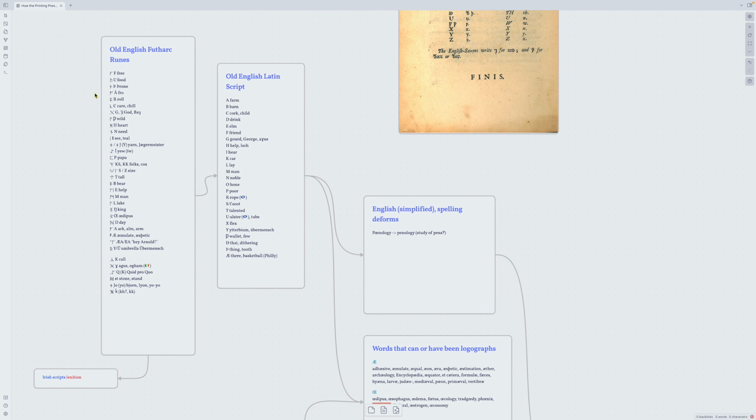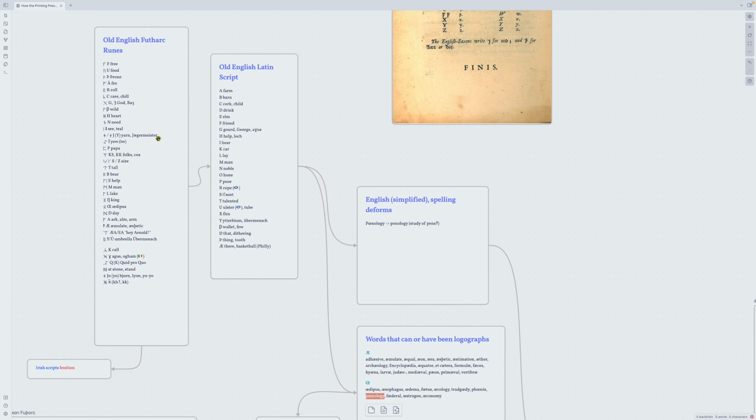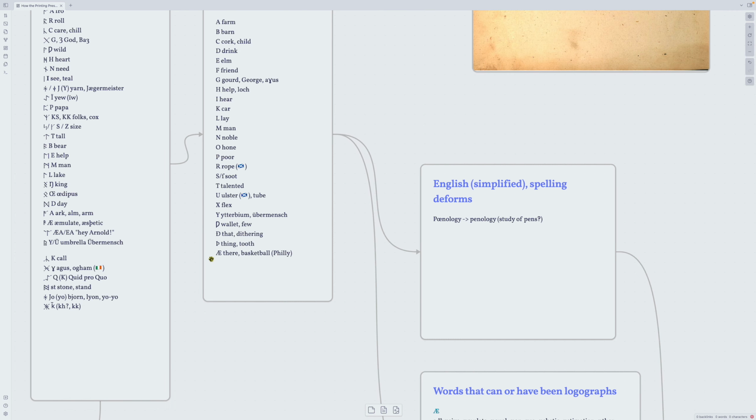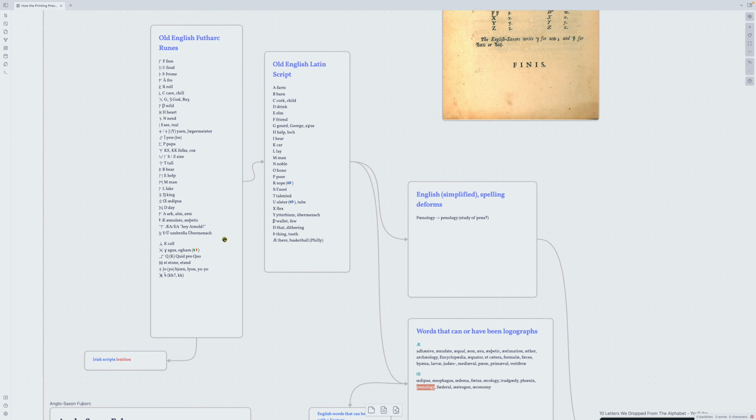And so you got Thorn, like right there, and things like that. So yeah, we got letters like this here, these four at the end, and 3 of these 4 are all but dead now.